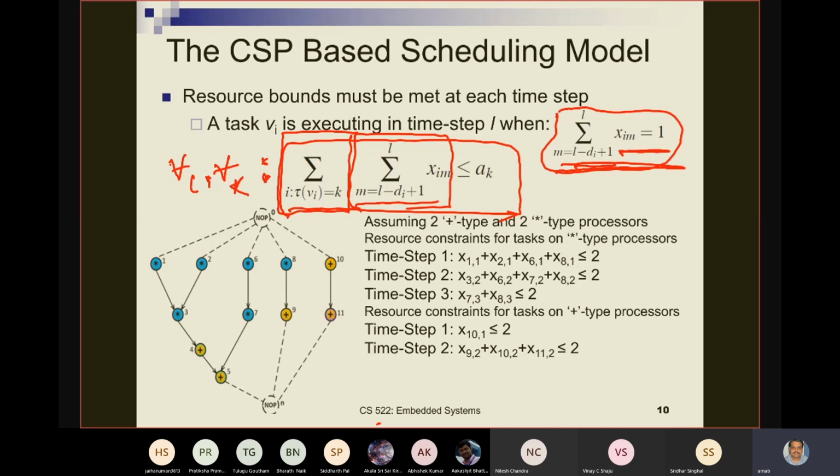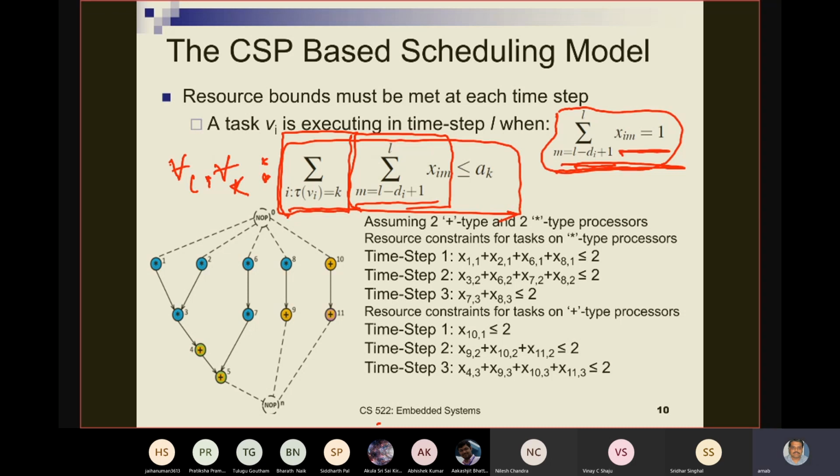That will be taken care of by the dependency constraint. So here we are just writing that x92 plus x102 plus x112, at most 2 of these three can be equal to 1. This is what it is just telling me.